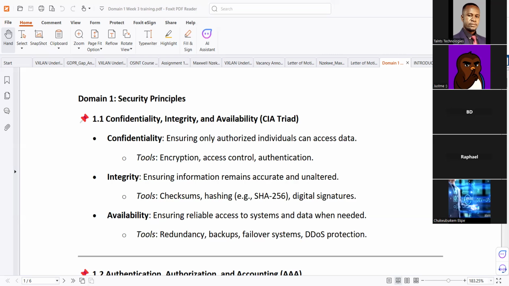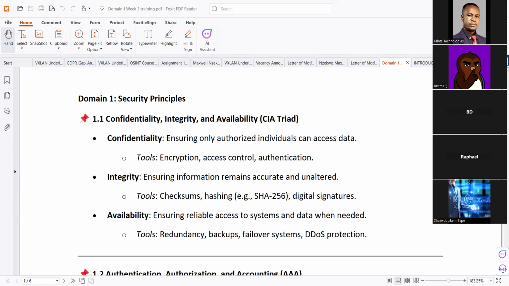Then availability, we're talking about a system that is highly available in the sense that there's minimal downtime. Some boast of 99.999%, some boast of 95%, calculated based on how many hours or minutes of downtime it experiences in that particular year.